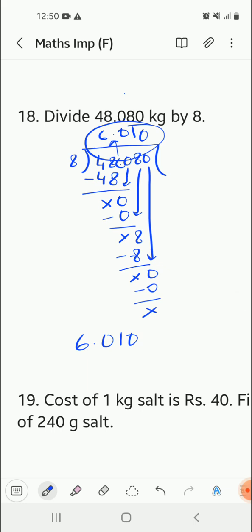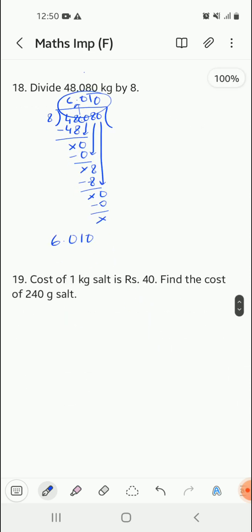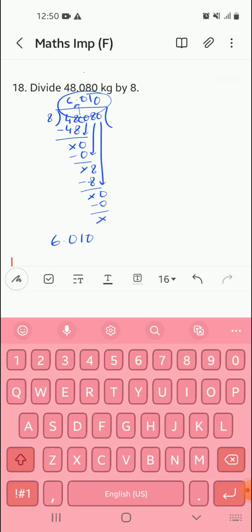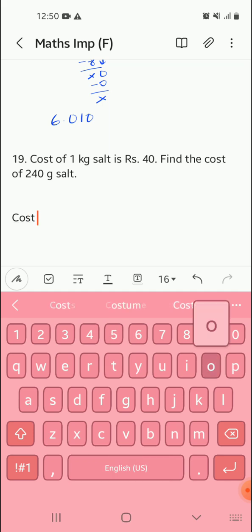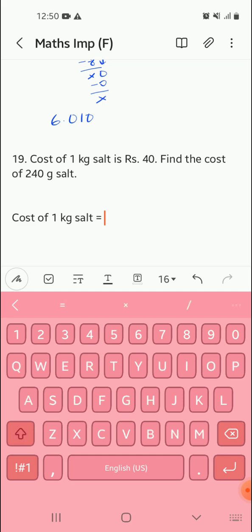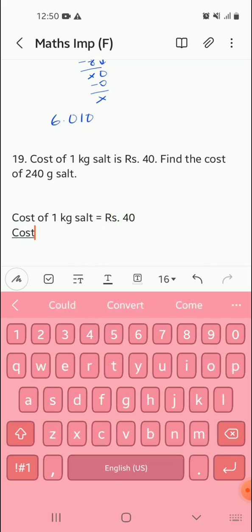Okay. Now moving on to the next question. Cost of 1 kg salt is 40 rupees. So we'll write cost of 1 kg salt. 1 kg salt is equal to rupees 40. Now we are asked to find out cost of 240 gram salt.